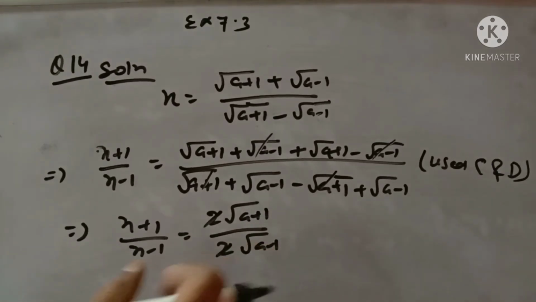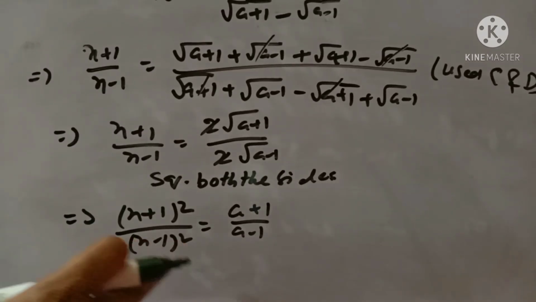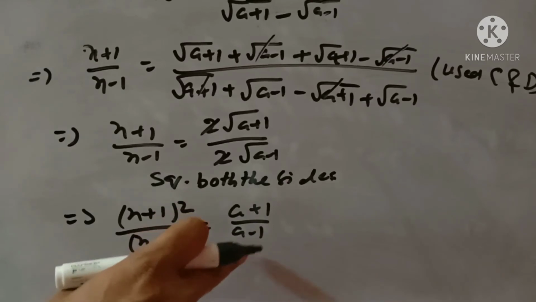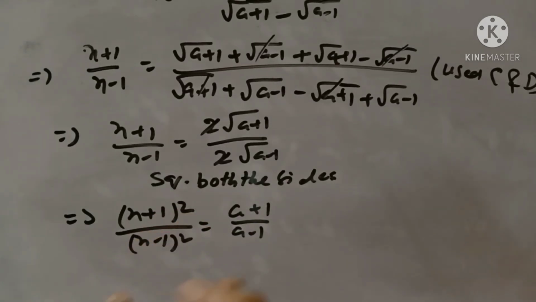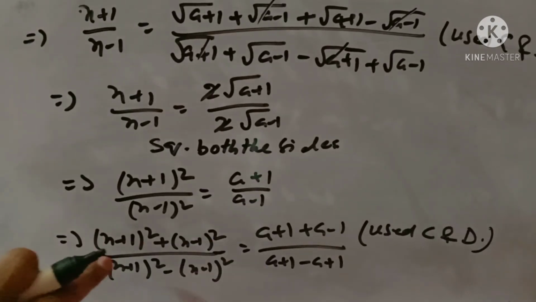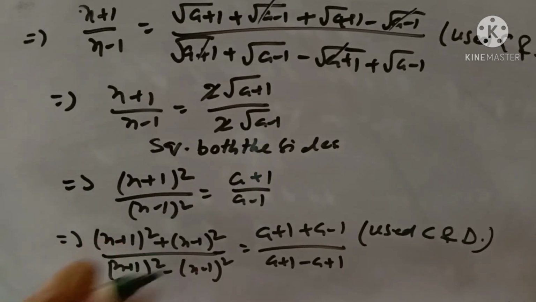Now squaring both the sides. Now after squaring both the sides, we will get x plus 1 whole square by x minus 1 whole square equal to a plus 1 by a minus 1. Once again we have to use componendo and dividendo. So here I have used componendo and dividendo. Now a plus b whole square and a minus b whole square.